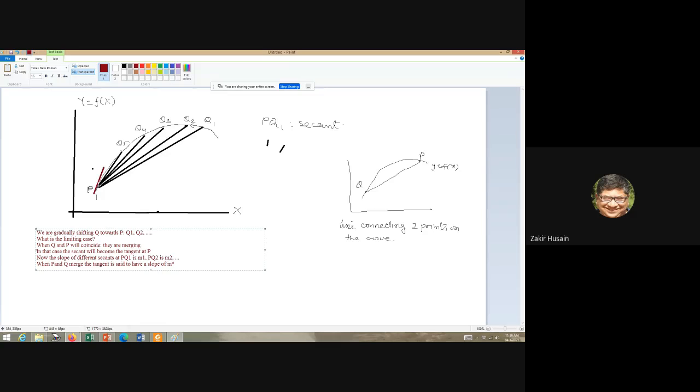So when P and Q merge, they become one point. That means if P and Q are the same point, then the line connecting PQ will be a tangent. It will touch only P because P and Q are the same, right?